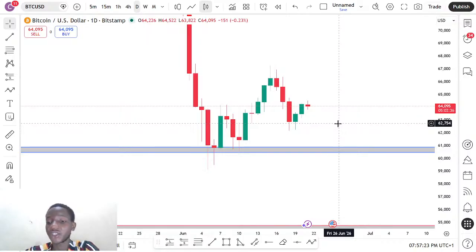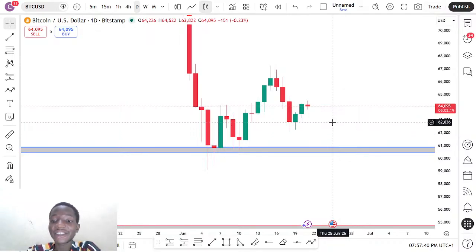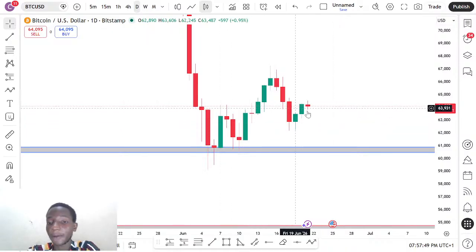And today is Sunday. If this had been on Monday, Tuesday, Wednesday, Thursday or Friday, I would have decided to take a trade, because I just saw an entry to take a set trade, but I didn't take it. Today is Sunday, and I don't want to rush into taking a trade and later end up in a loss. Not that I don't want to lose, but let me be sure of what I'm doing. Let me follow my trading plan very well.